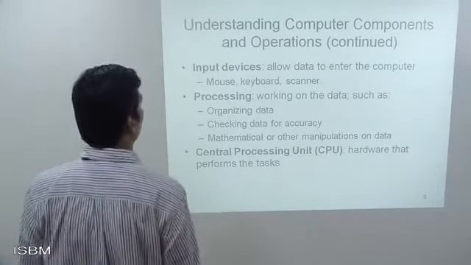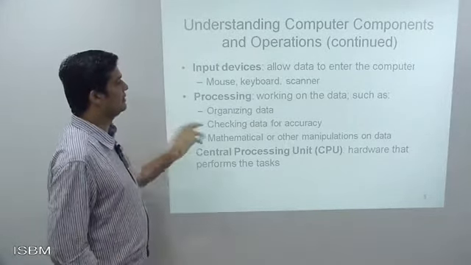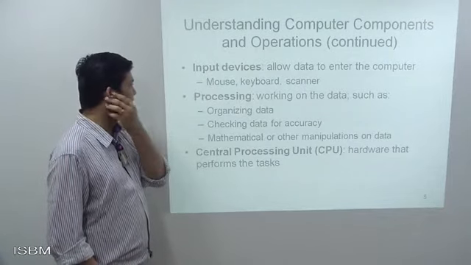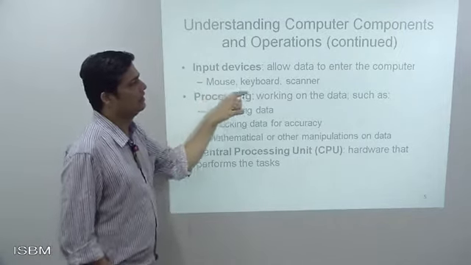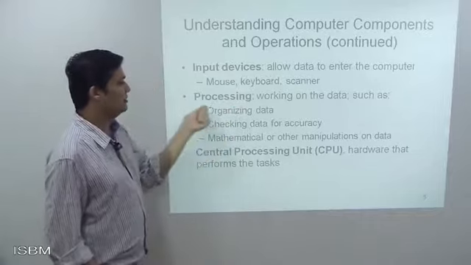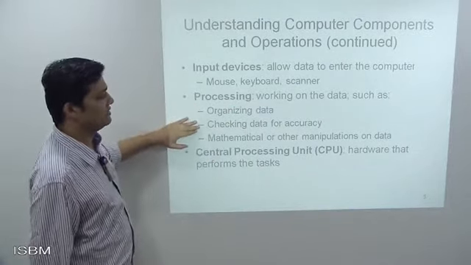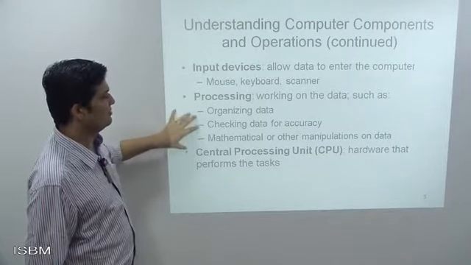Understanding computer components and operations. Input devices allow data to enter the computer. With the help of input devices, data is allowed to enter into the computer, just like mouse, keyboard, and scanner. Then processing, working on the data, such as organizing data, checking data for accuracy, mathematical or other manipulation of data. So this is the processing.